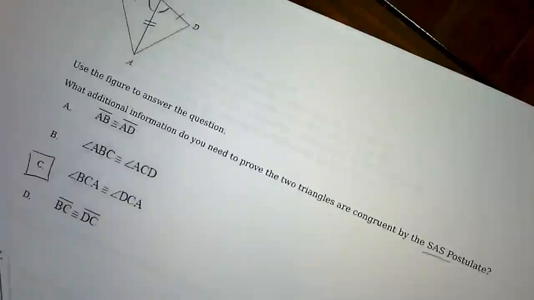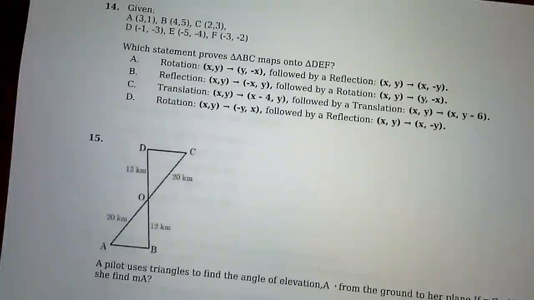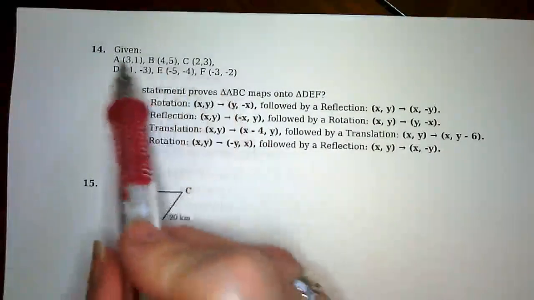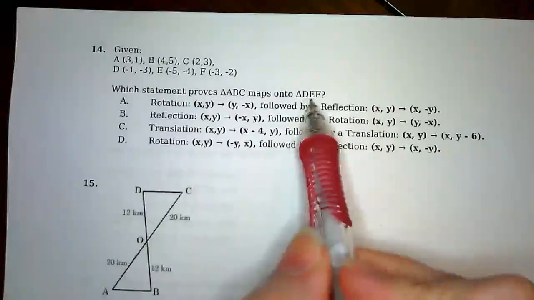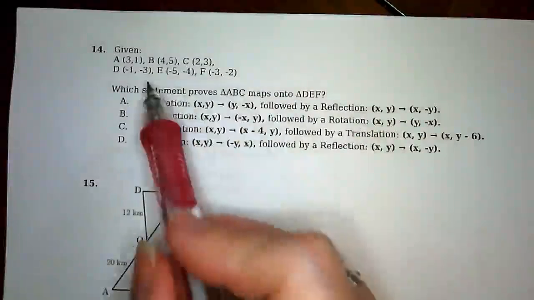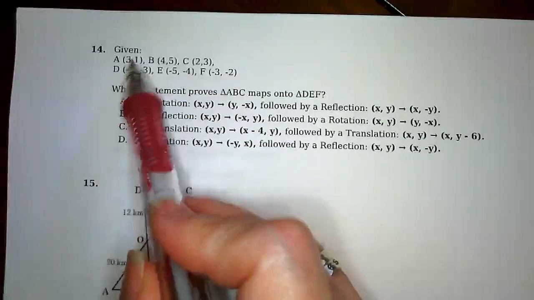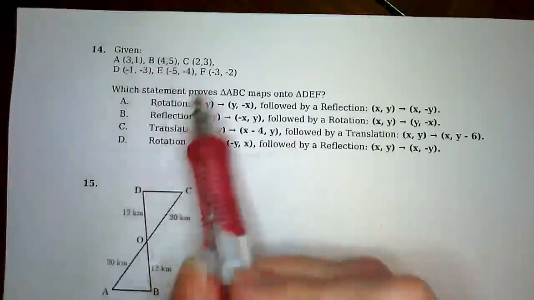All right, next page. Okay, so given these points, we know that ABC is the original and DEF is the new one. So we need to figure out how these points transform from there to there.